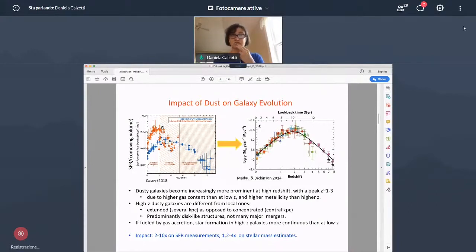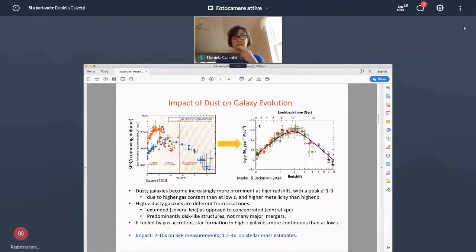Each slice of redshift represents a large sample of galaxies at that redshift, probed at two wavelengths. One is extreme ultraviolet, which traditionally probes massive stars and therefore should be probing massive star formation. And the red dots are at infrared wavelengths, which traditionally probe star formation that is hidden by dust from direct view.